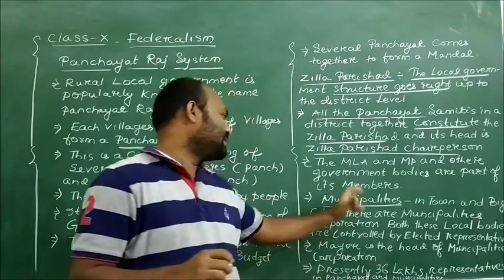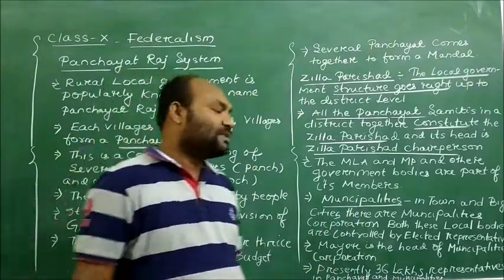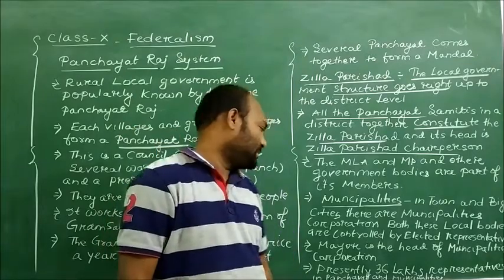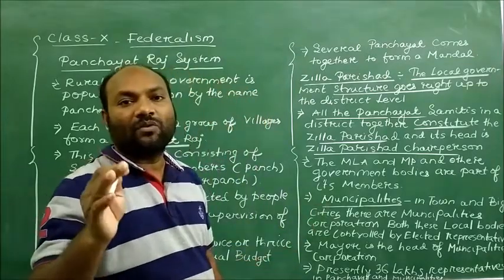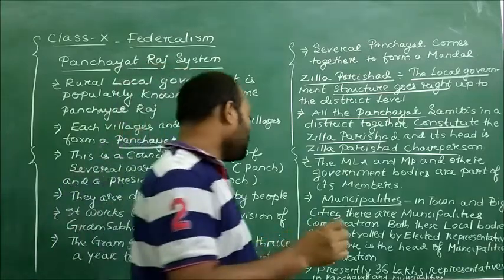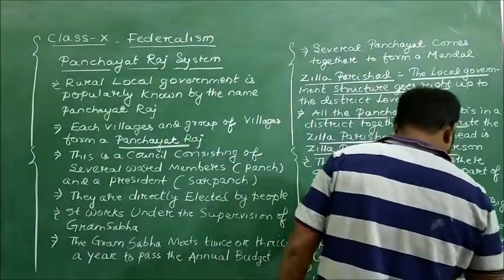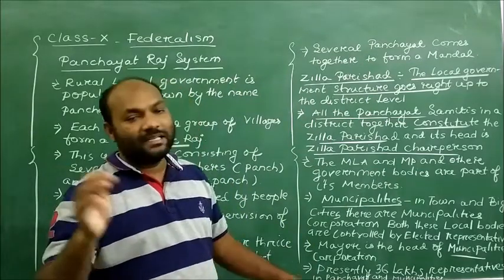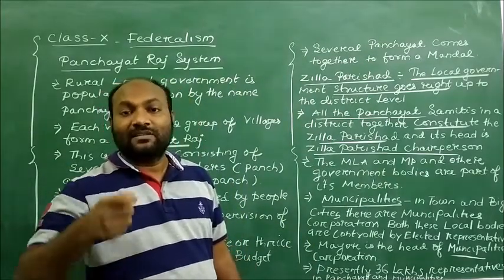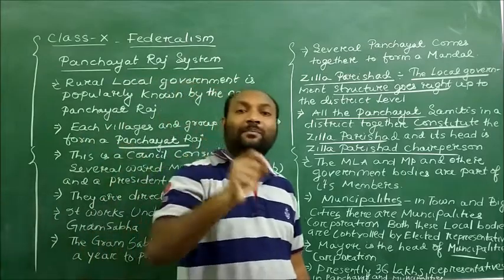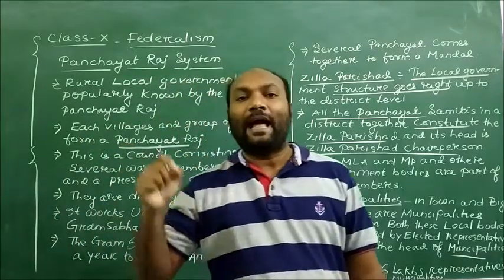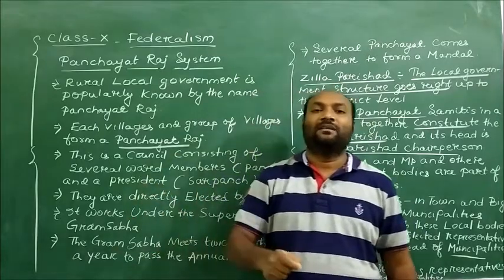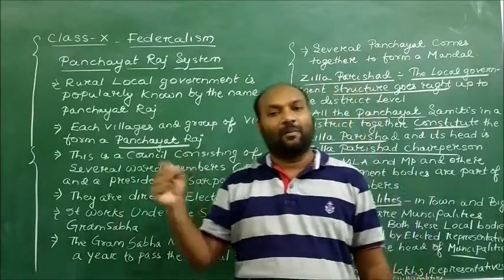Both these local bodies are controlled by elected representatives, and the mayor is the head of the municipal corporation. Who is the head of the municipal corporation? It is the mayor. And in India at present there are 36 lakh representatives working actively at panchayat level as well as in municipal corporations.